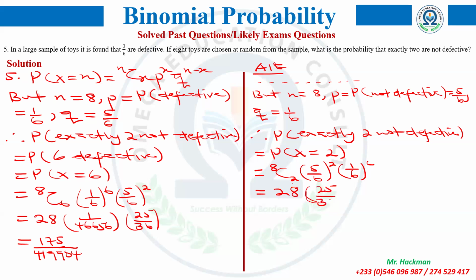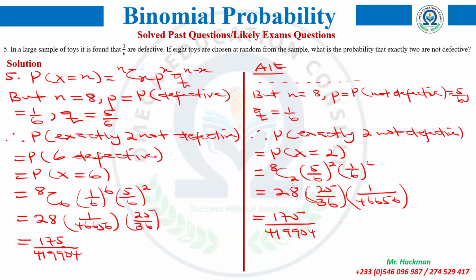And obviously you can see that we'll land at the same answer. Then 1 over 6 to the power 6 will give us 1 over 46,656. Which in effect we know will give us the overall result that we had here, 175 over 419,904.